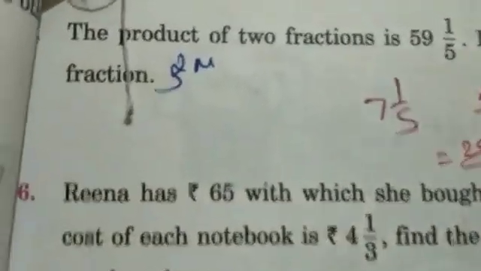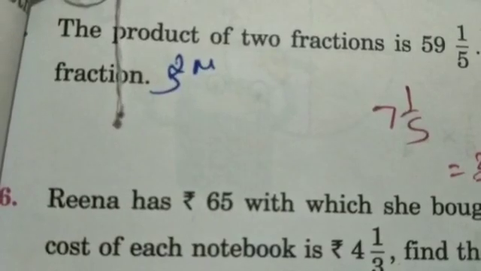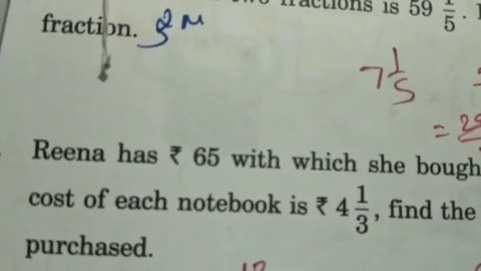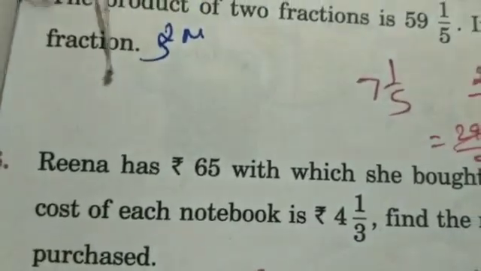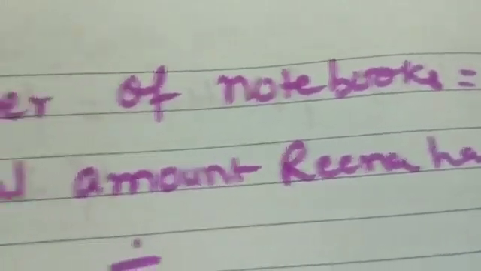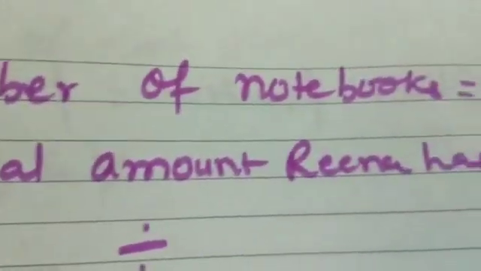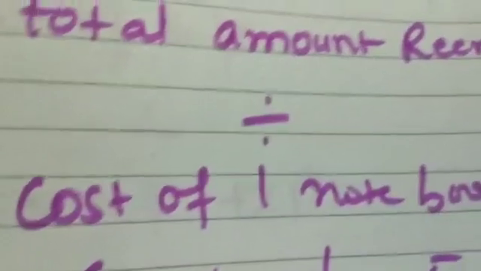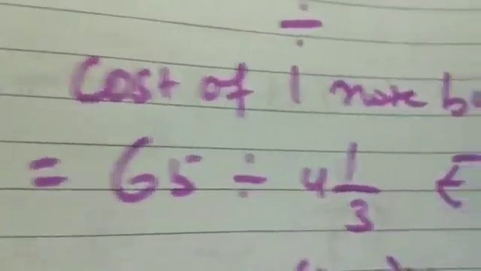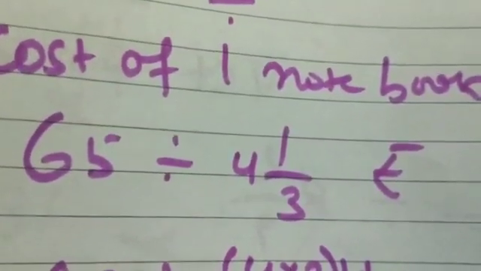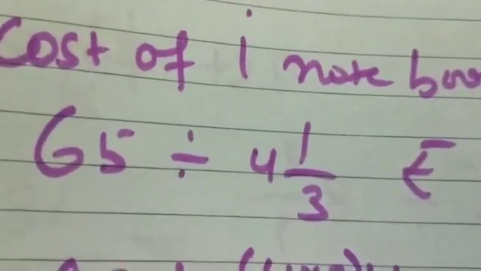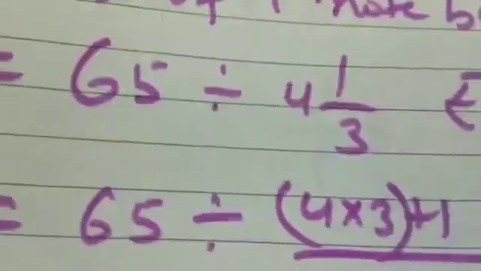First we'll mention the amount which Reena has, that is 65, and the cost of each notebook, that is rupees 4 1/3. Number of notebooks equals total amount Reena has divided by cost of one notebook. So we'll write 65 divided by 4 1/3. Whatever will be there, that will be the number.